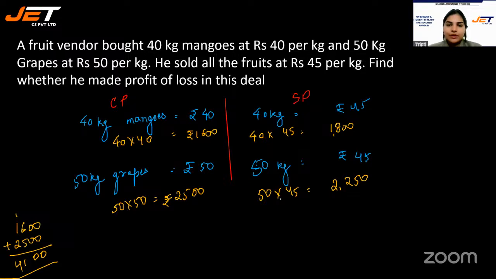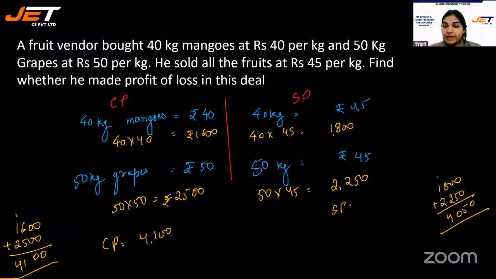Now here, to find the selling price, it is 1,800 plus 2,250, 4,050. Now here we can see that the cost price is 4,100 and selling price is 4,050.